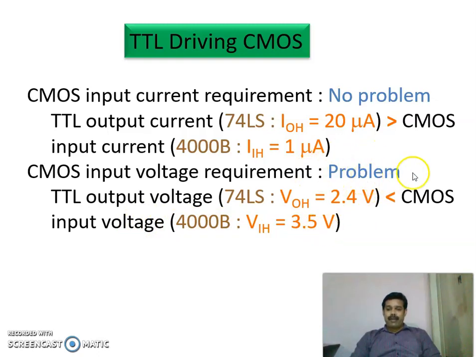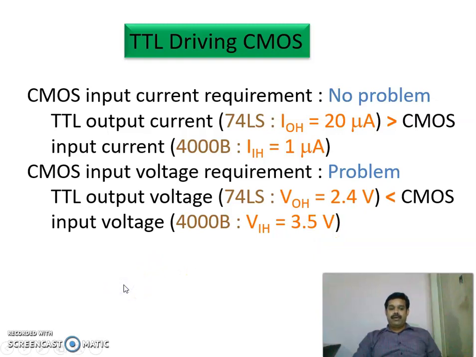So there is a problem in TTL driving the CMOS, because the output voltage of TTL is less than the input voltage of CMOS. In TTL you have 2.4 volt, and in CMOS you need 3.5 volt.